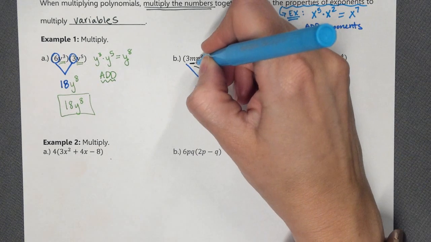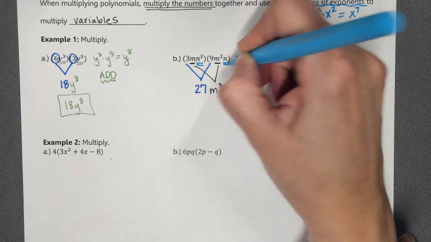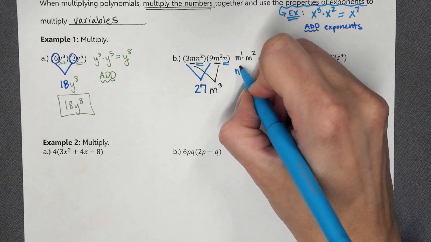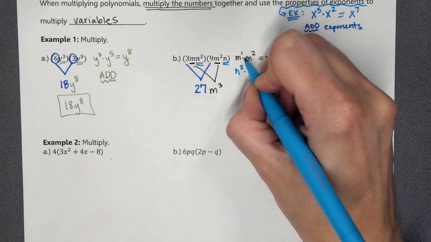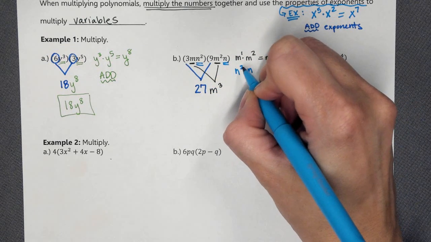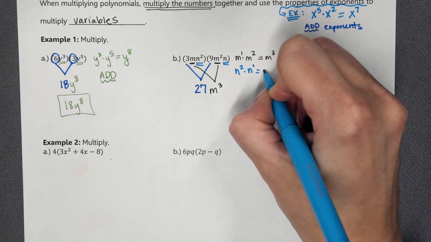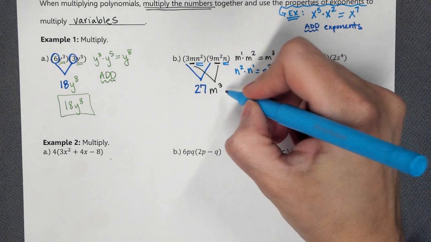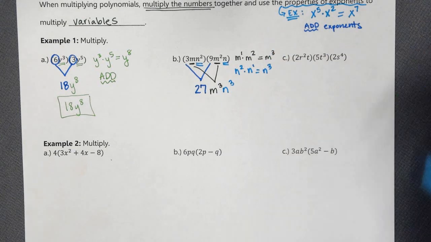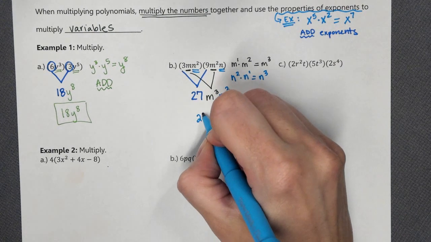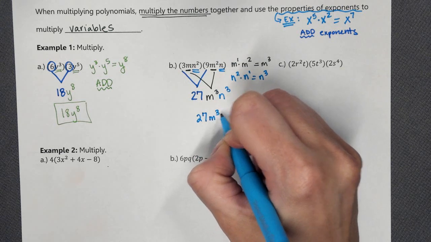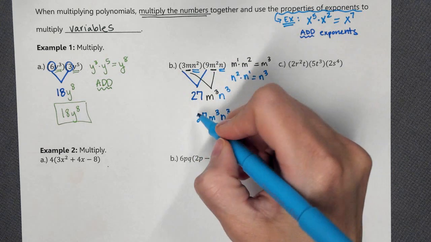And then here we have n squared times n. Do you guys see that this is really the same thing? It's just in a different order. You have squared and then 1. So again, you're going to have the power of 3. All right, and then you just write this all as one thing, 27 m cubed n cubed.